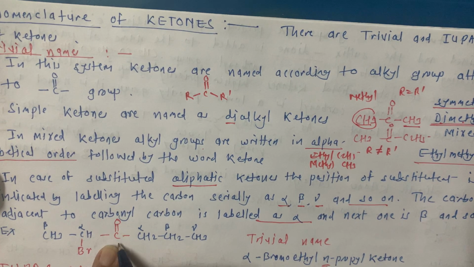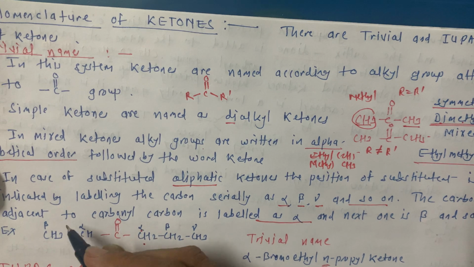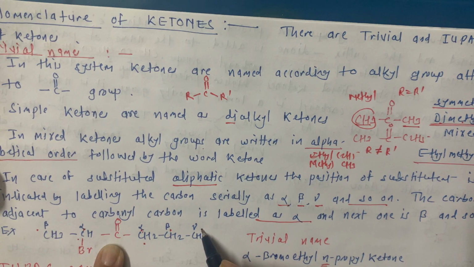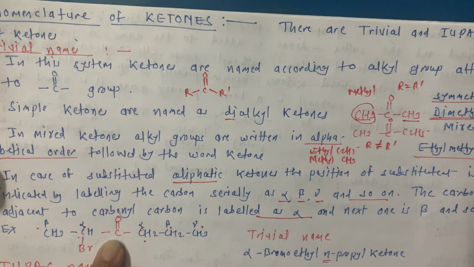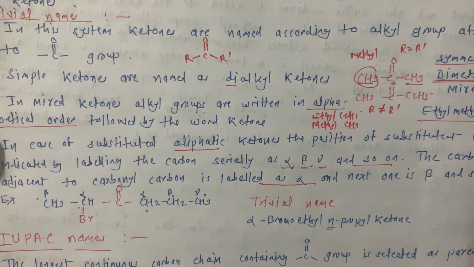So this is the carbonyl carbon, adjacent one is this one, so this is mentioned as alpha. Next to that is beta, and next is gamma. Okay, so now what is the trivial name?